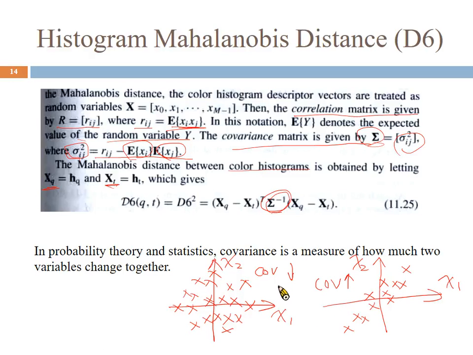So the covariance is a measure to show how much two variables change together. If they often change together, if one gets larger, another one also gets larger, then the covariance between them would be larger too.